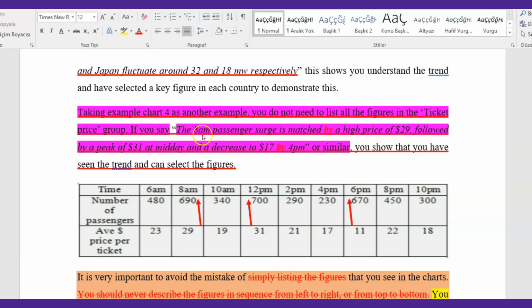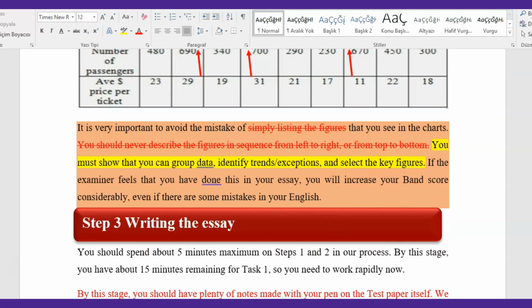If you say the 8 a.m. passenger surge is matched by a high price of $29, followed by a peak of $31 at midday and a decrease of $7 by 4 p.m. or similar, actually you demonstrate that you have seen the trend and can select the figures, okay?